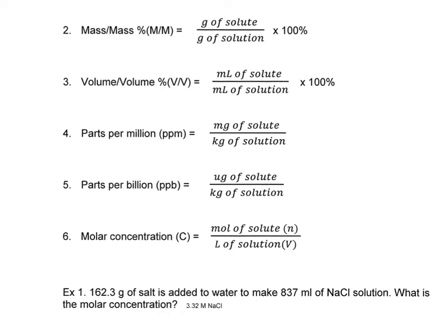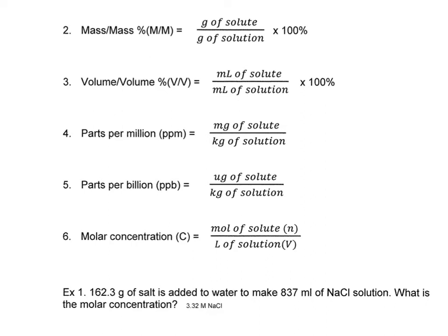Notice that these two concentration methods are not percentages. There's no times 100 at the end of their formulas. For ppm, or parts per million, you take the milligrams of solute and divide it by the kilograms of solution, whereas for ppb, or parts per billion, you take the amount of solute expressed in micrograms and divide it by the kilograms of solution.